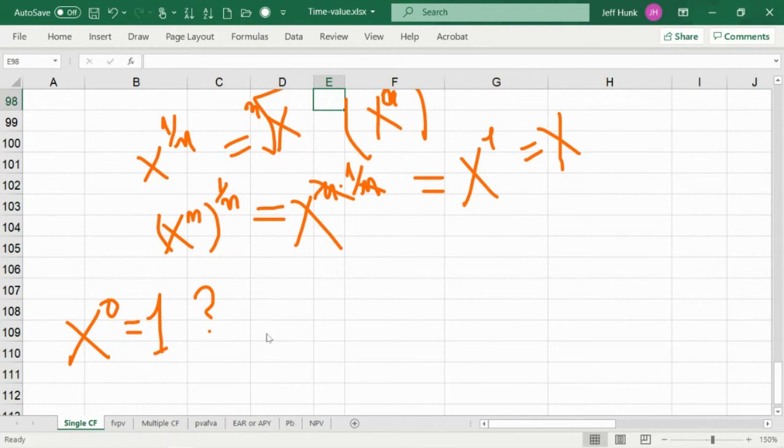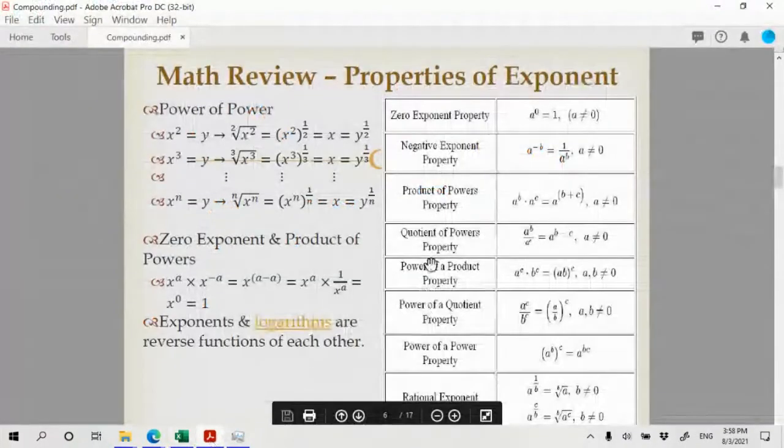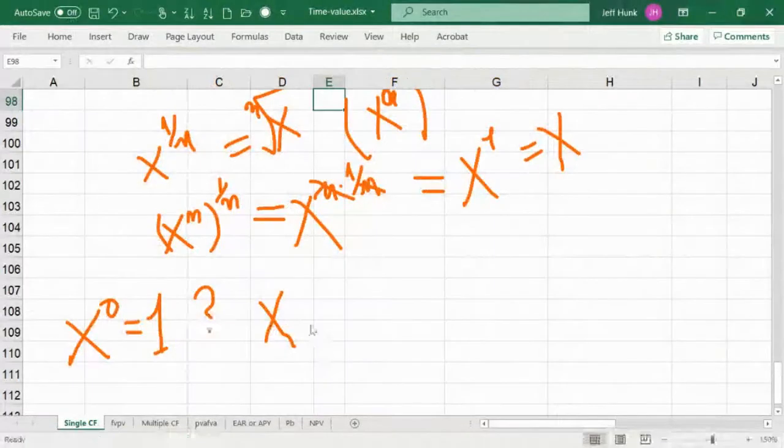How? First of all, how? I did my own research. I looked up here, I looked up there, and I looked up the rule of the exponents, and then I figured it out.